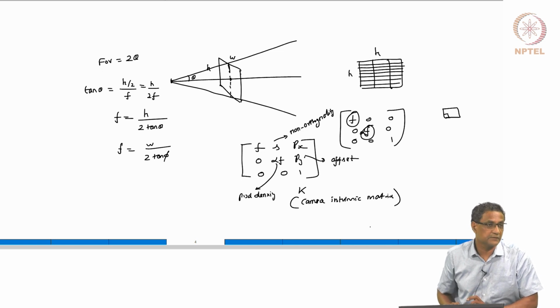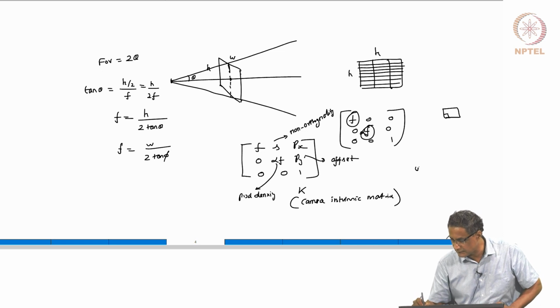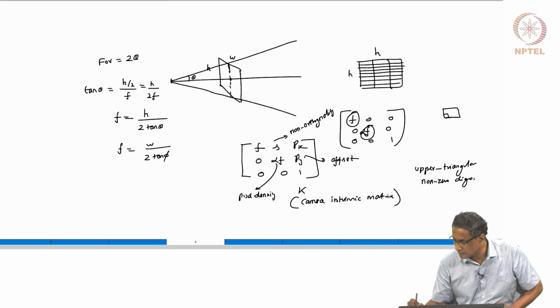You can always invert this guy. So this matrix is upper triangular, with non-zero diagonal elements, and invertible.